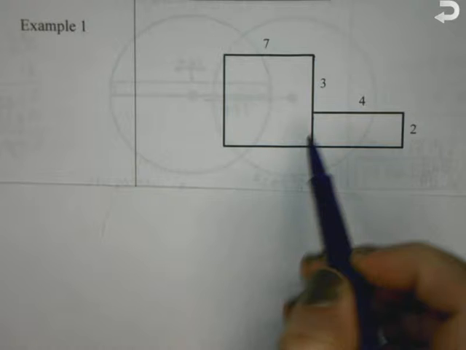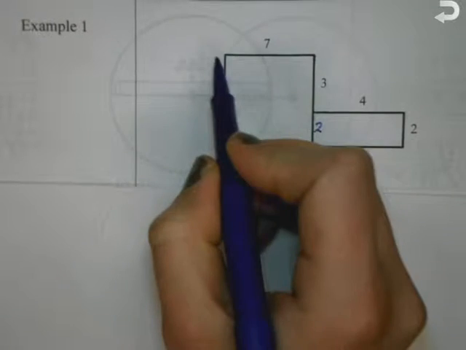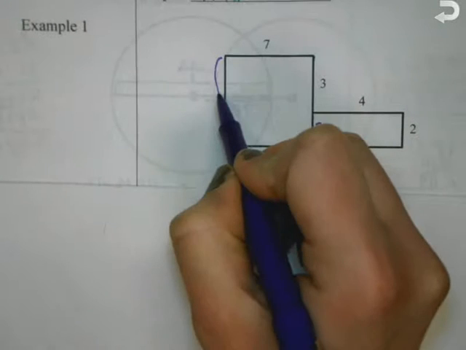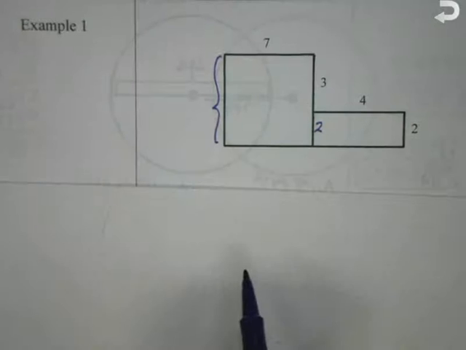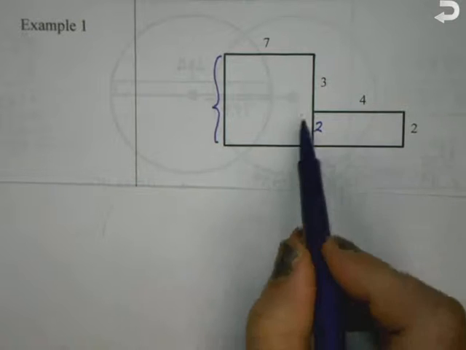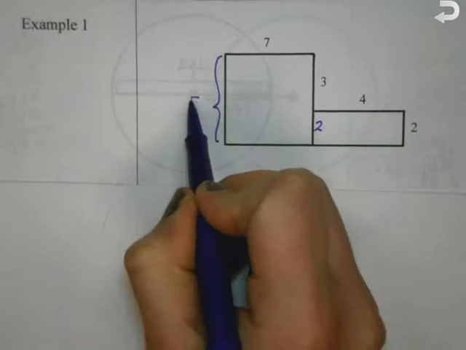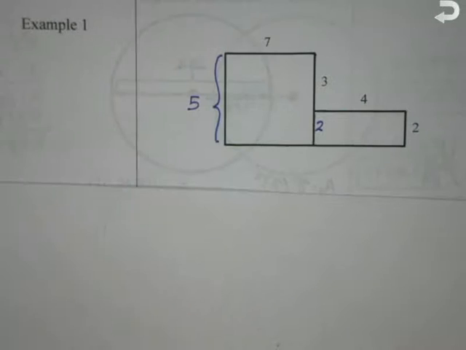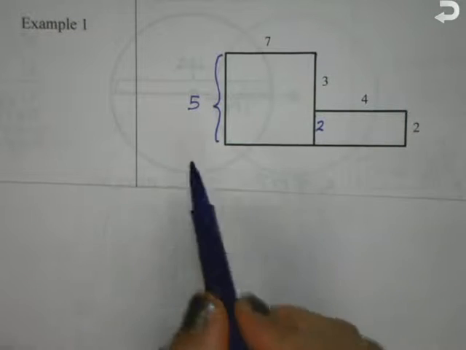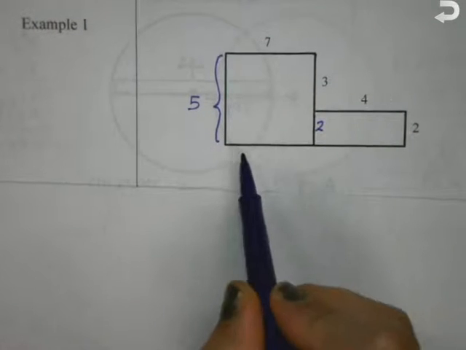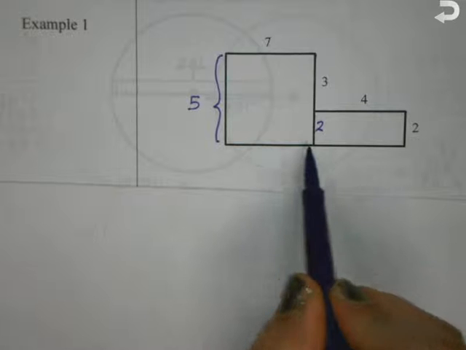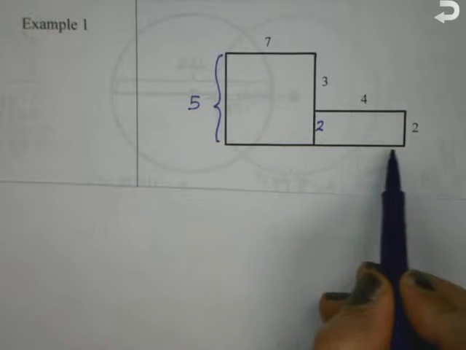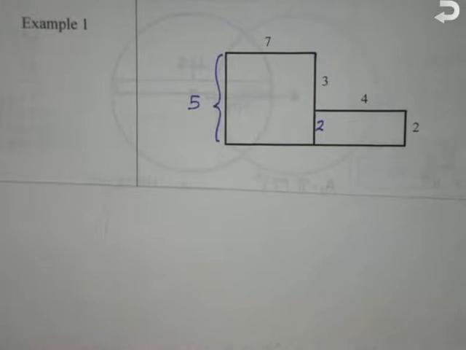So what would the entire length of the side be? 5. Part of it's 3 and part of it's 2, so the entire length would be 5. Same idea for the bottom part. This part is 7. This part is what? 4.